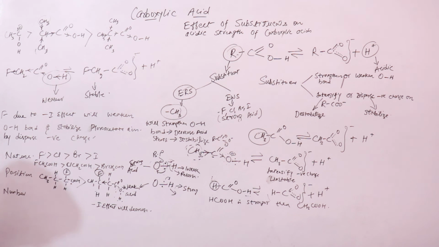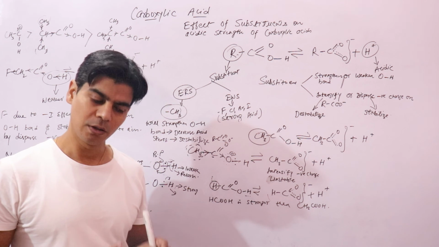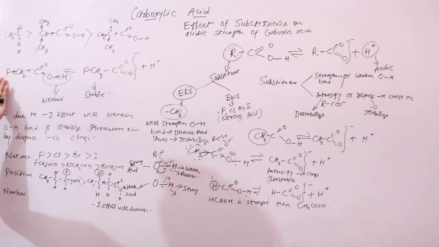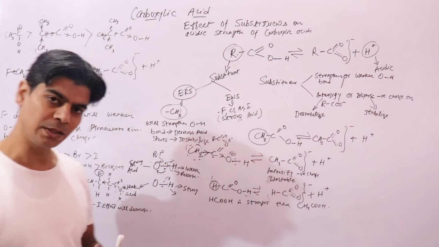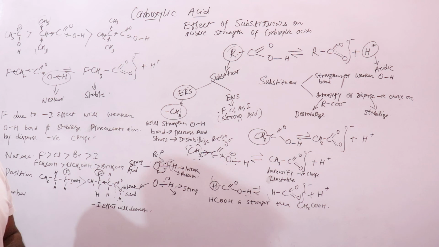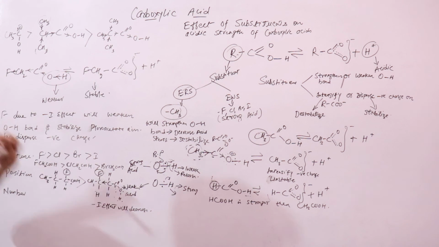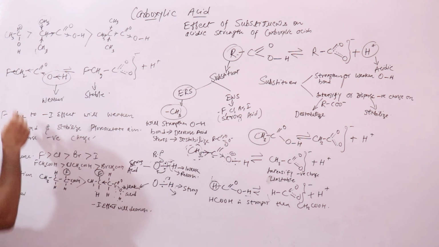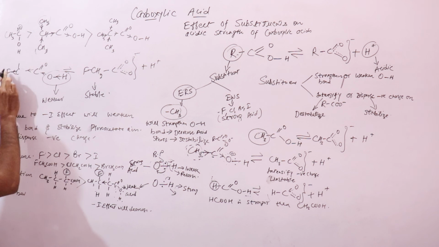Now when we talk about number, meaning the number of electron withdrawing substituents, it's very easy to understand. One electron withdrawing substituent is withdrawing electron density towards itself, due to which this bond is getting weaker, and it's dispersing the negative charge. Now if I increase the electron withdrawing substituents, let's take a different example.